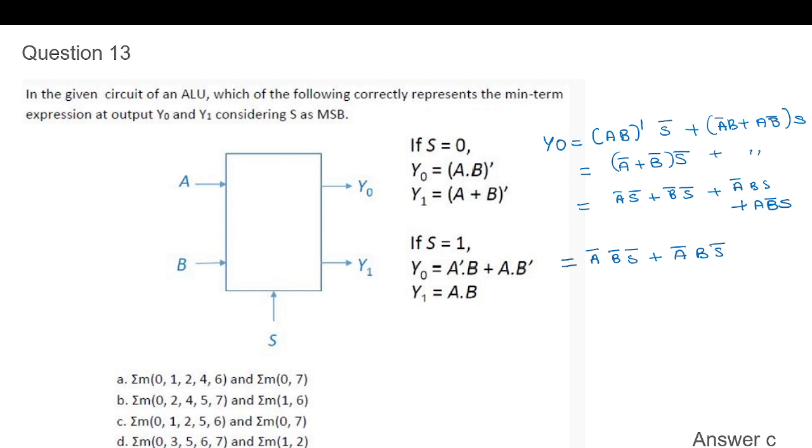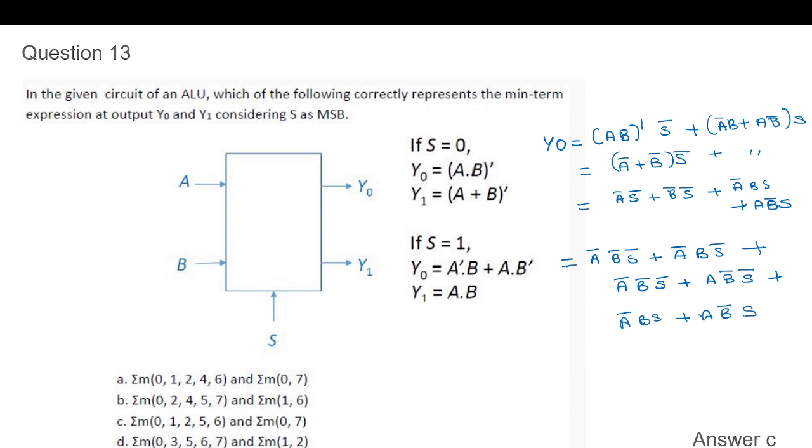Okay, I'm writing this down. A'S' multiplied with B' plus B, to obtain the min terms. Again for A, I will write A'B'S' plus AB'S' plus the other two terms, A'BS plus AB'S.